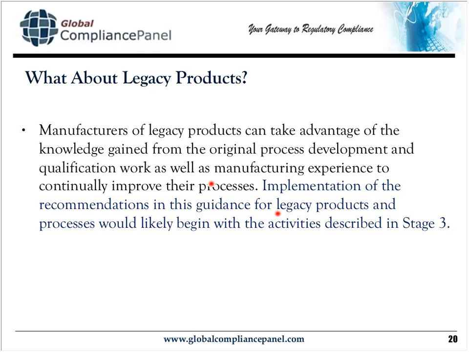Now, basically what they're saying here is for legacy products, you should start with the so-called stage 3 activities. In other words, do a continuous process verification right now. And that will get you started. And then as you're going along, you can generate some of the additional information about how you justify your process control or critical process parameters.